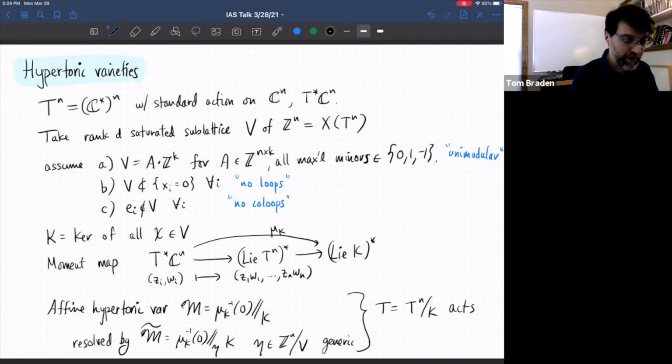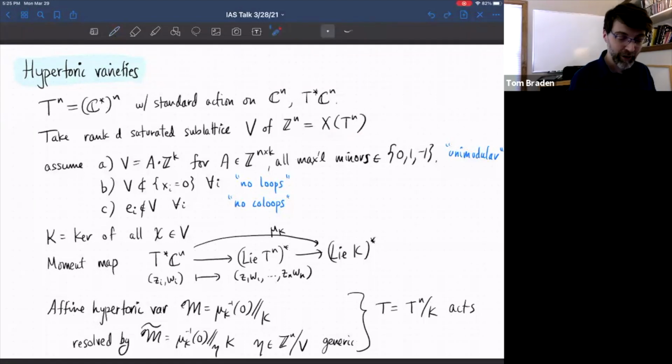So you're going to start with an n-dimensional torus acting in the standard way on Cn, and then it acts on the cotangent bundle of Cn by the induced action. And the data that goes into this is going to be a rank d saturated sublattice of Zn, which I think of as the character lattice of the torus.